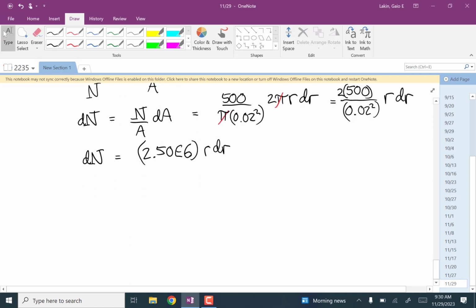And now we'll go to the friction force. So dF, the force of friction, is the coefficient times dN.